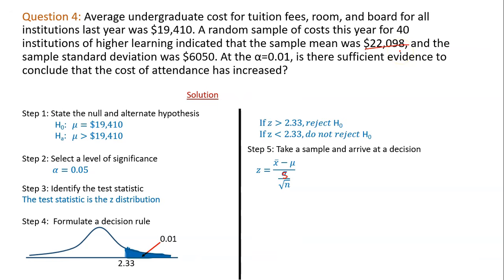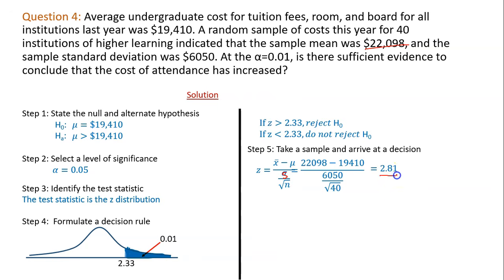Sample standard deviation is 6,050. So we substitute that in the formula. We have 22,098 minus the population mean, which is 19,410, all divided by the sample standard deviation 6,050 divided by the square root of the sample size, which is 40. When you put this on your calculator, you get positive 2.81.